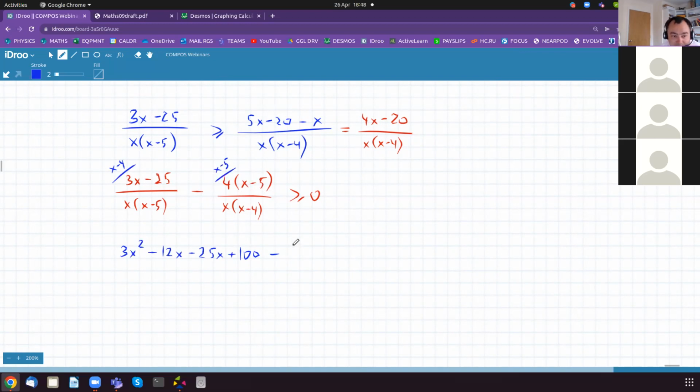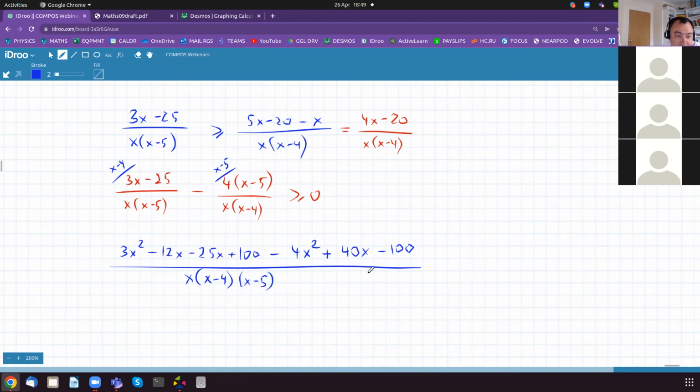So very carefully opening the brackets, 4x squared plus 40x minus 20, so plus 25 minus, so minus 100. Now, on the bottom, I have x minus 4, x minus 5 greater or equal to 0.